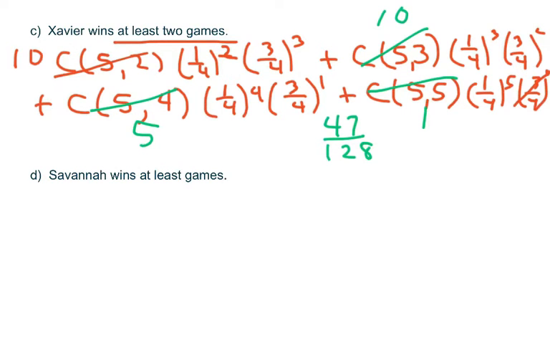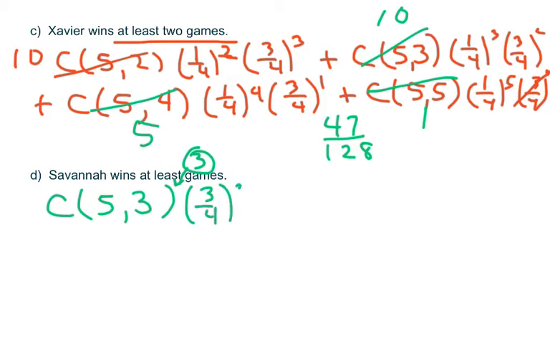And the last one, it looks like Savannah wins at least, let's say, 3 games. Little typo there. So she wins 3, at least 3. So she wins 3. Savannah's the 3/4. That means Xavier won 2 there.